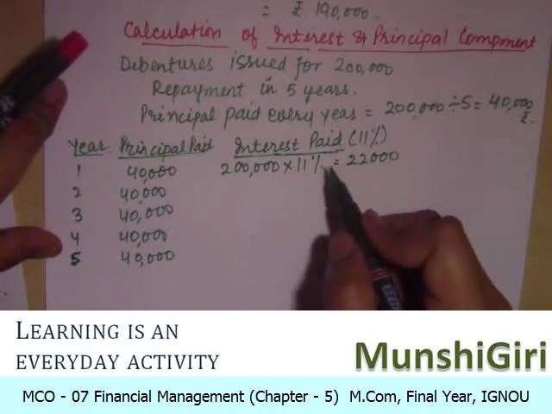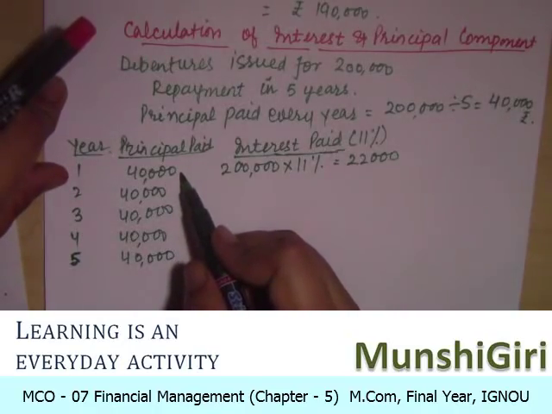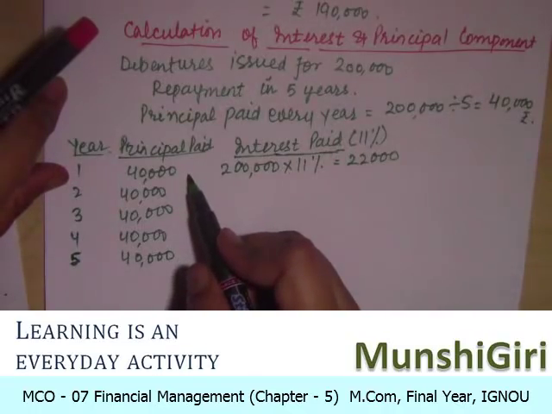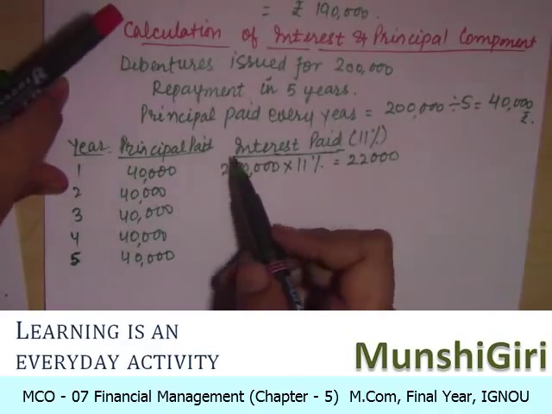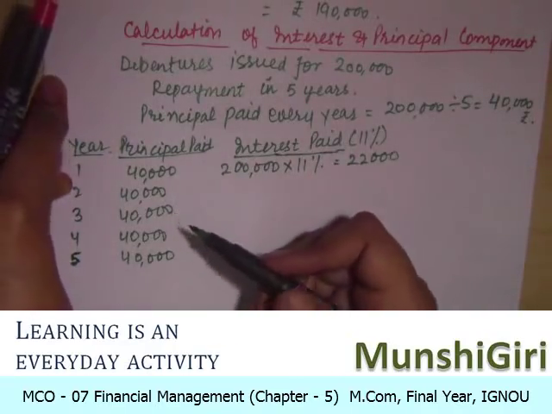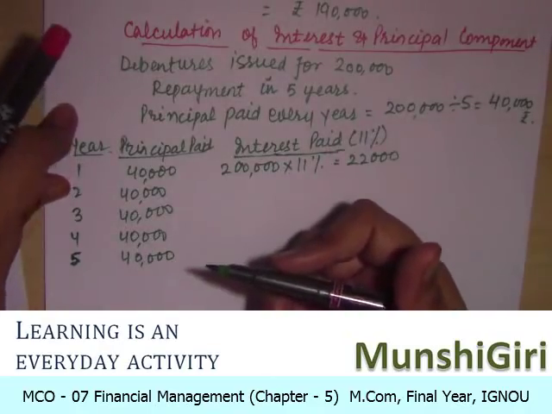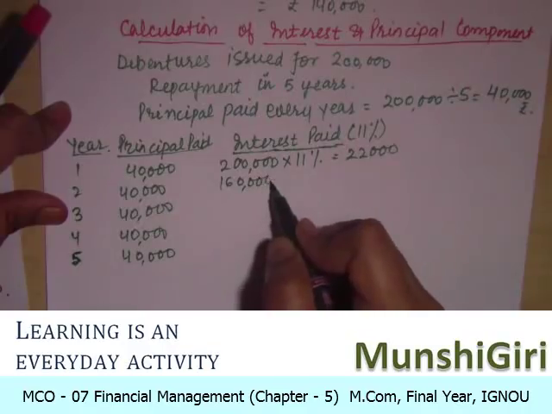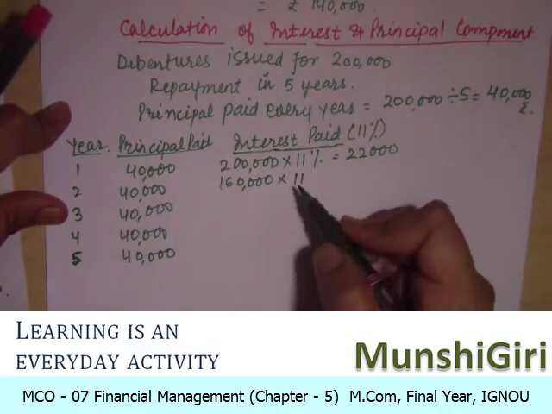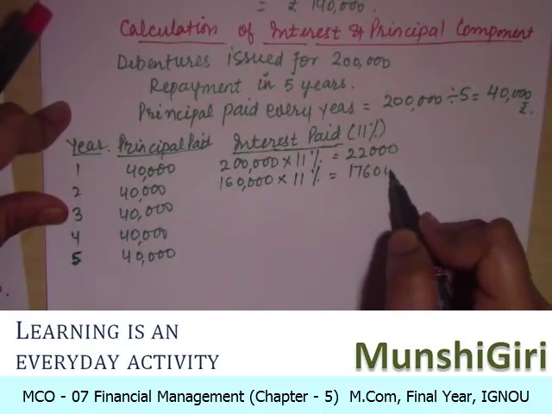In the second year, the 40,000 principal will be paid by the company. So the net balance remaining is 1,60,000, that is 2 lakh minus 40,000. So the interest will be paid by the company on 1,60,000 only for year 2. 1,60,000 into 11% is 17,600.